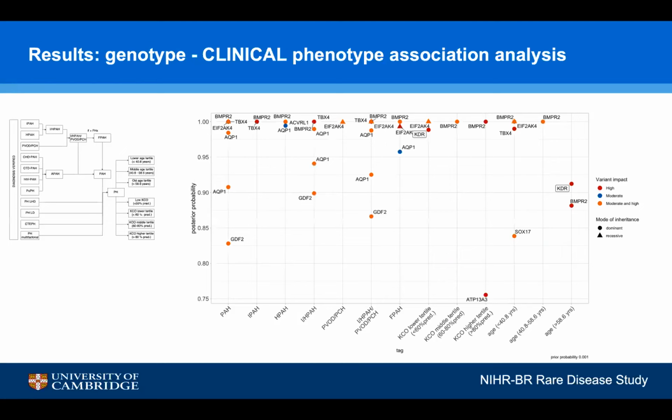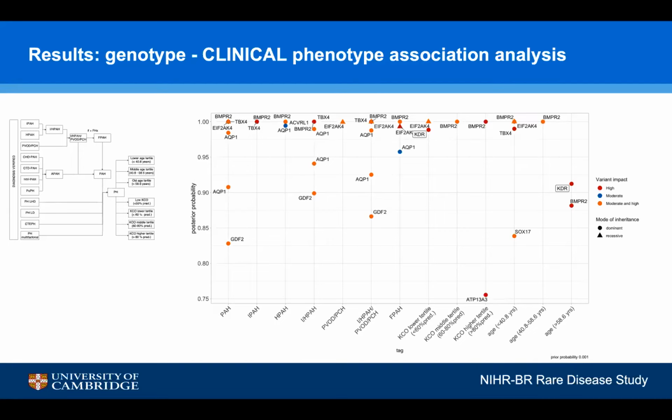This is probably the most important slide I'm going to show you today. This slide shows the genotype-phenotype associations that were revealed by our rare variant association study. And on the x-axis, you can see clinical phenotypes. So both diagnostic and those produced by clinical phenotyping. And on the y-axis, you can see posterior probability of association.